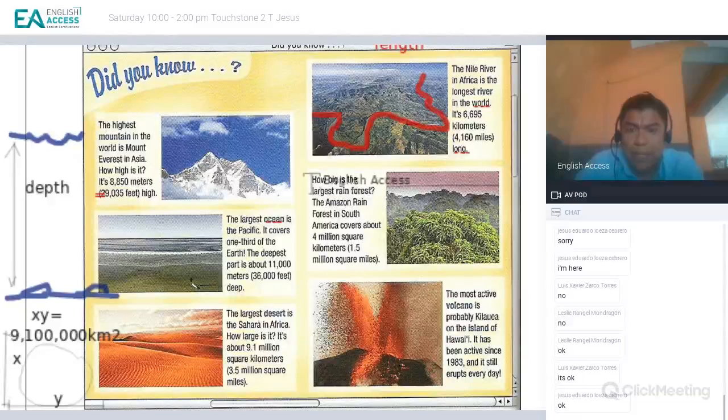Okay. Next is how big is the largest rainforest? The Amazon rainforest in South America covers about 4 million square kilometers. This is equal to 1.5 million square miles. Yes, and 1.5 million square miles is like this.